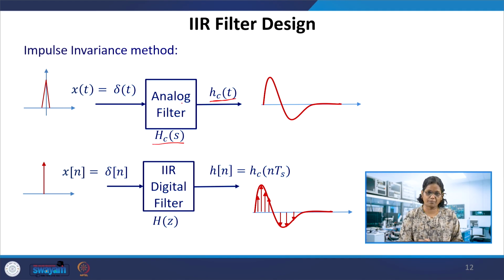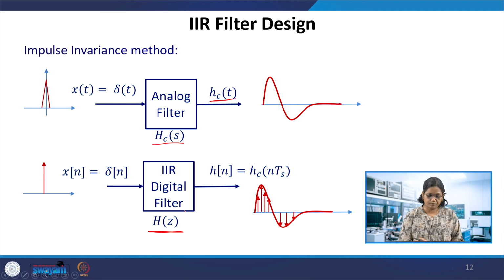What the digital IIR design will do here is find the equivalent of Hc(s) as H(z), which is the transfer function of the digital filter.